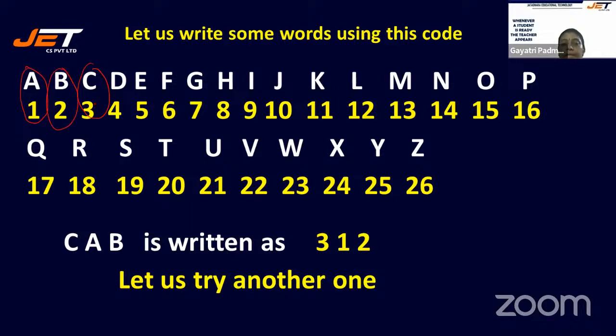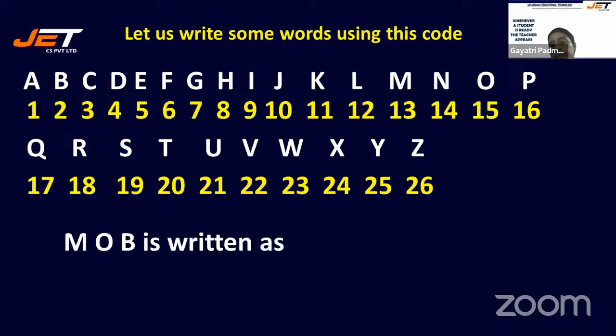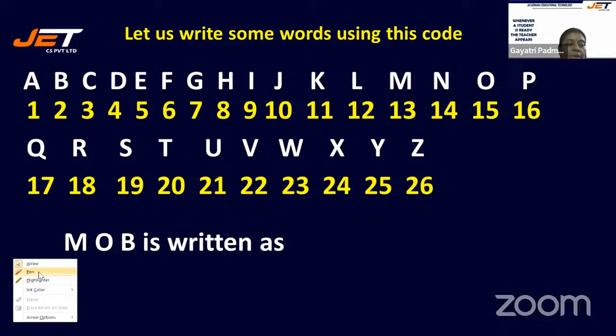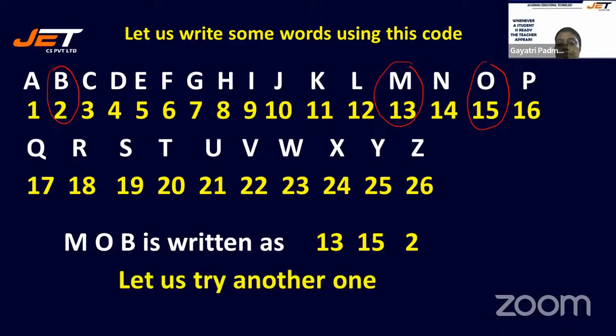So it can be written as 3, 1, 2. All right, now let us try another one. MOB. I'm sure you must be able to get it right. For M, it is 13. For O, it is 15. And for B, it is 2. So it is 13, 15, and 2.